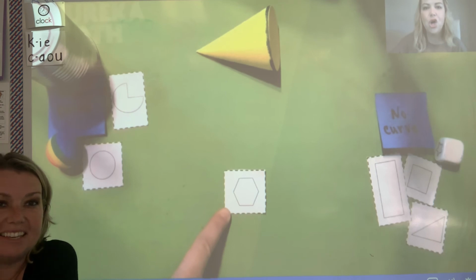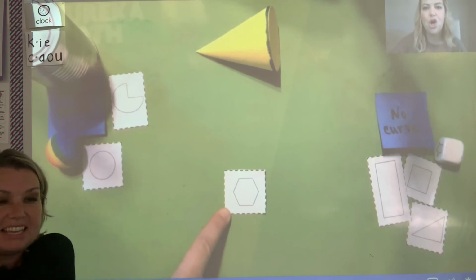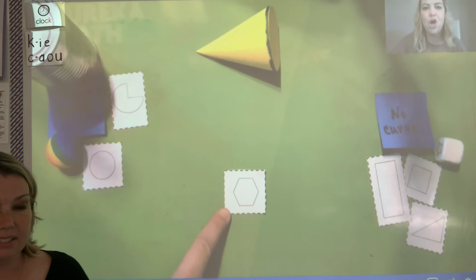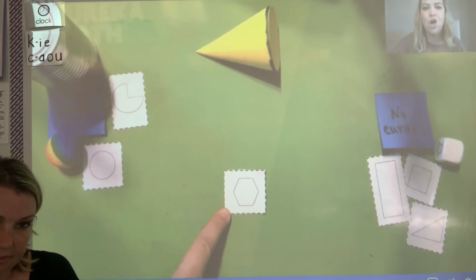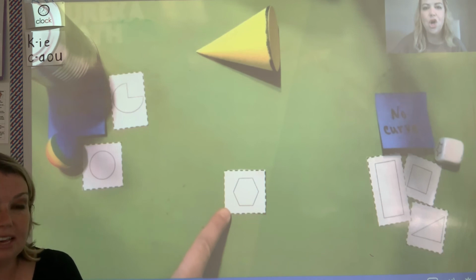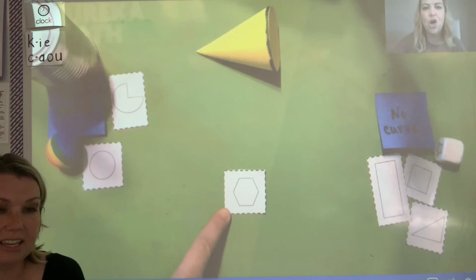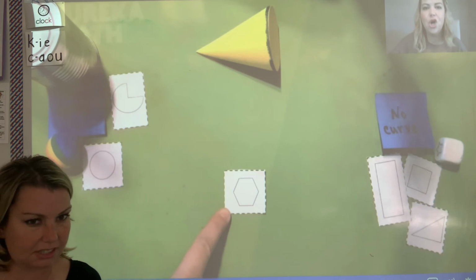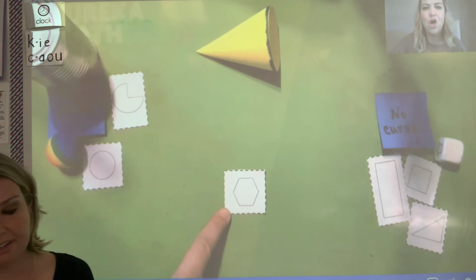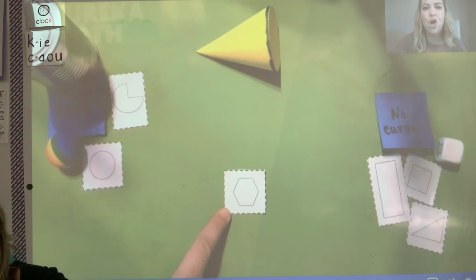A hexagon. What makes it a hexagon? Six sides and 6 corners. Very good. Excellent. Does it have curves? No. Let's see what Miss Hawkins says.